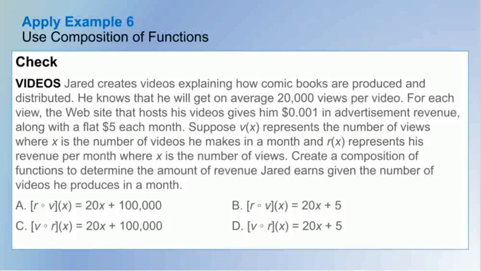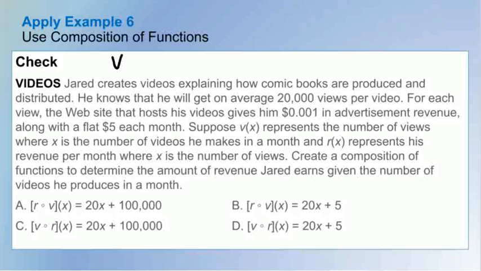So V of X is the number of views. He gets 20,000 views per video, so that's 20,000x. And then R of X represents his revenue per month, where X is the number of views. So that would be 0.001x, and then there's a flat fee of $5 per month.